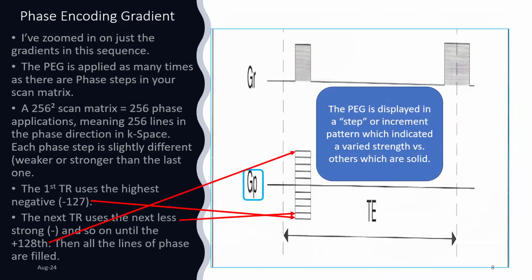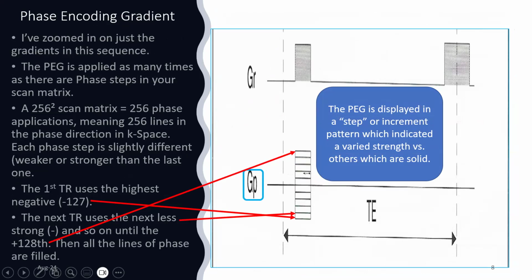Okay, so I've enlarged this, so you'll notice that this phase encoding gradient has multiple steps versus, say, the readout gradient does not. So what this means is that if you've got, for example, 256 phase encodes in your pulse sequence, you're going to do 256 lines of phase.